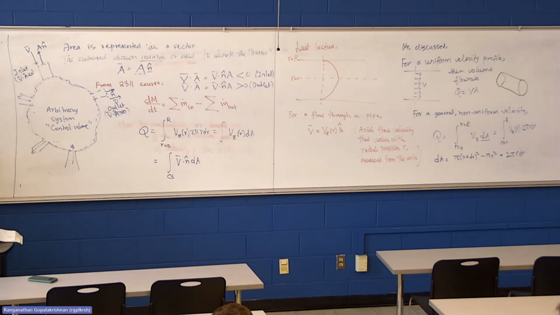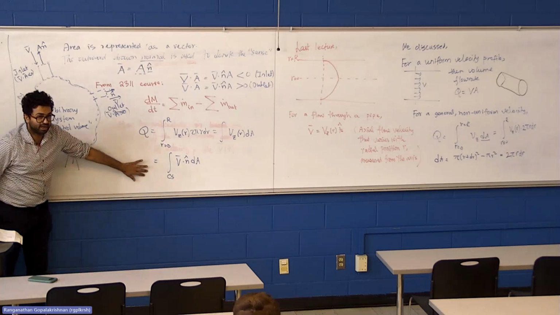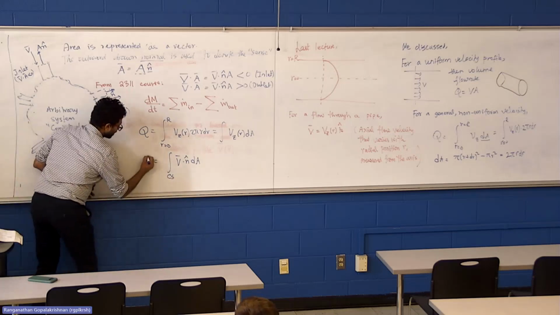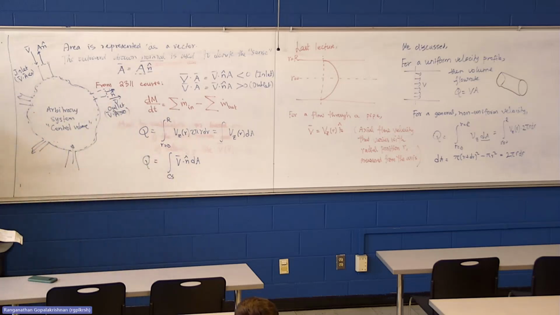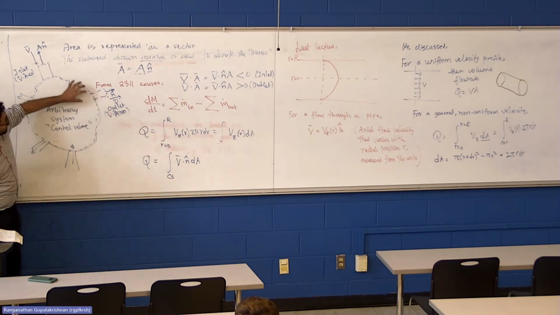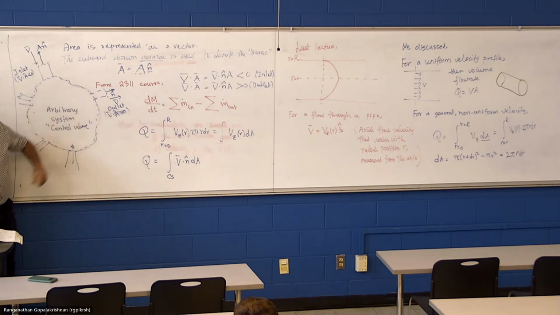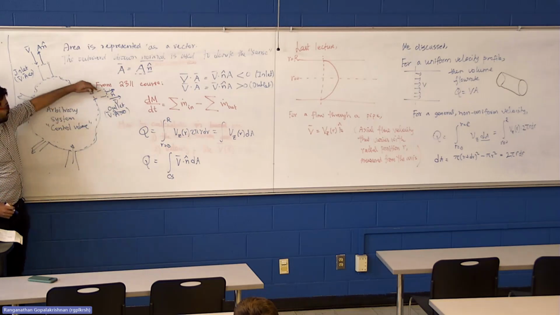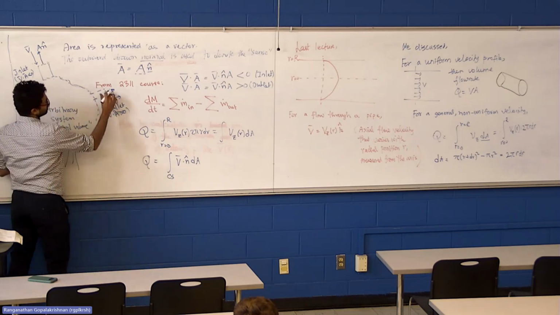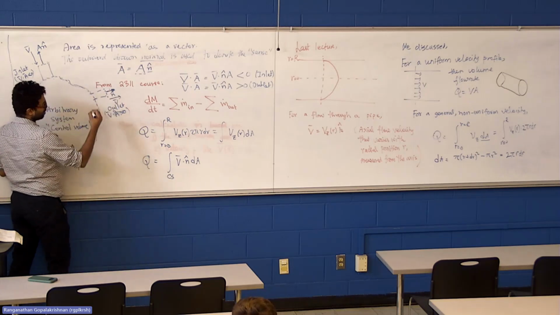Now, please take a pause, look up. I'll explain this statement because this is crucial. No need to write. I'll give you time. So what I'm doing here is to say I take any cross section. Let's say the velocity coming out of this flow is not directly aligned with the normal vector.